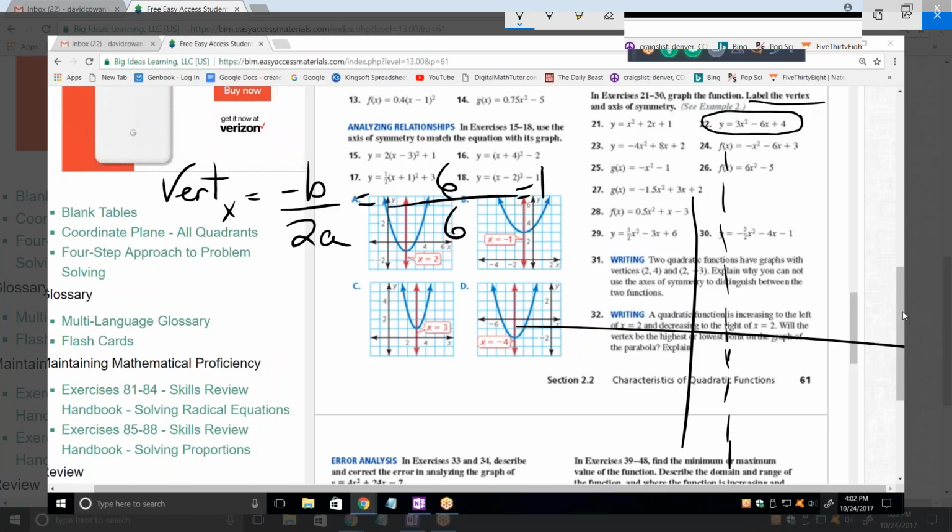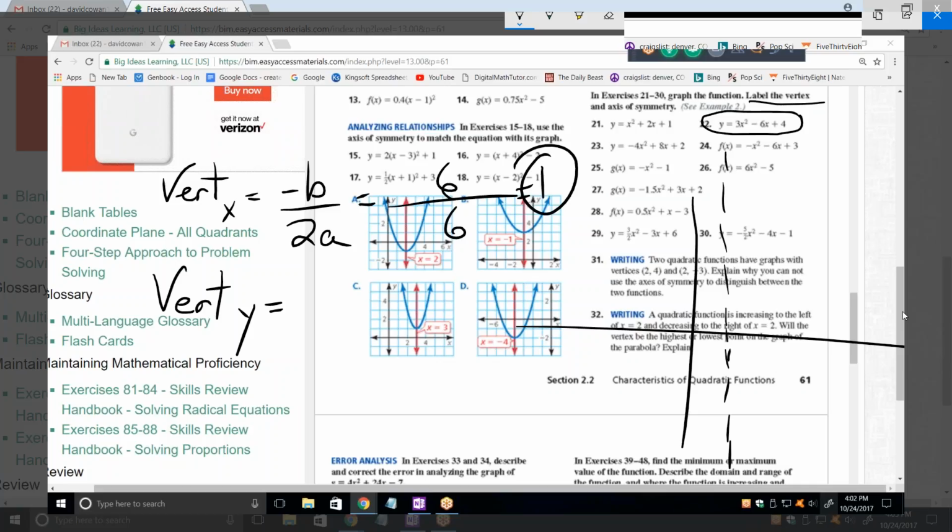Now, how do I find the y-coordinate of the vertex? Plug the x-coordinate into the equation. That's all you do. So what's the y-coordinate going to be? Remember, the x-coordinate is 1.